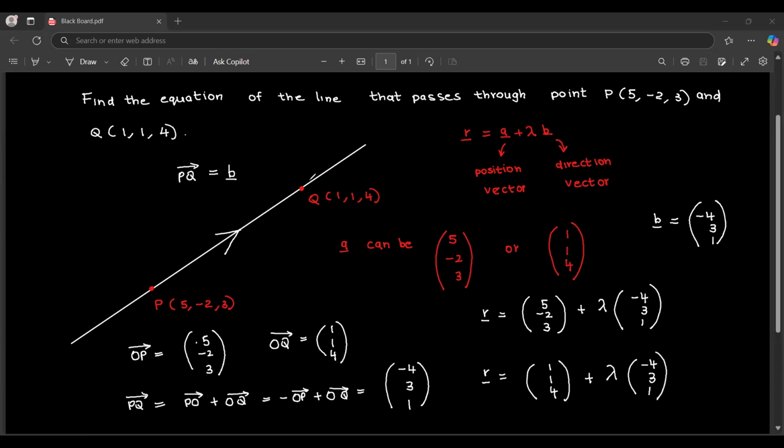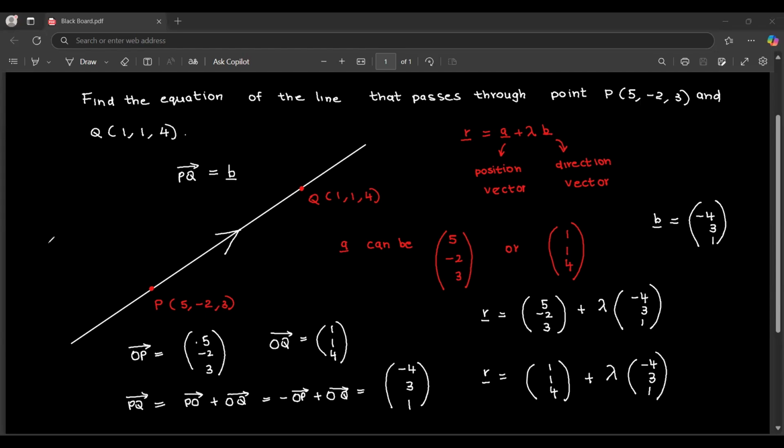So these are the two equations that we have come up with for this line which passes through the points P and Q. This is one of the simple examples you can use to find the vector equation of a line.